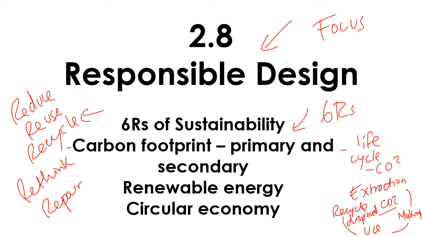CO2 is produced in all of those different areas. And in the book, it's listed as primary carbon footprint and secondary carbon footprint. All this means is primary carbon footprint is the CO2 produced from the making of the product, and secondary carbon footprint is from the use of the product.